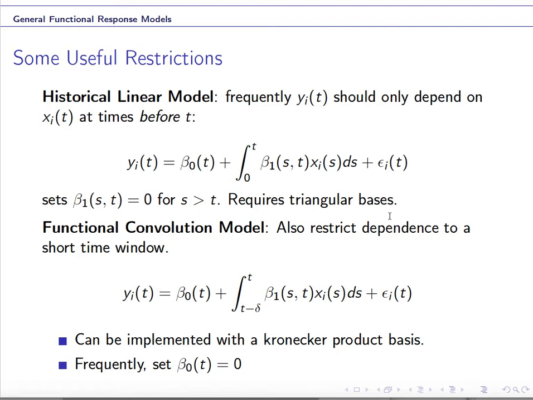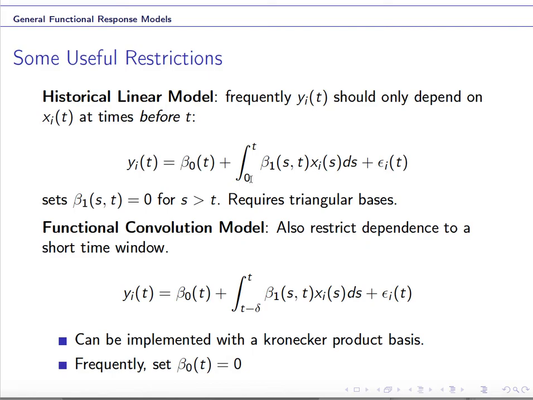A more useful restriction on functional linear models is called the historical linear model. It is very similar to the model we used before, but before, in these linear models, the range of the integral was the whole time interval.